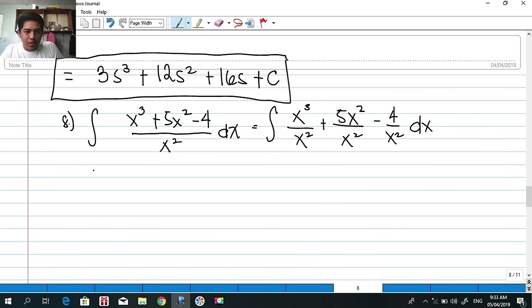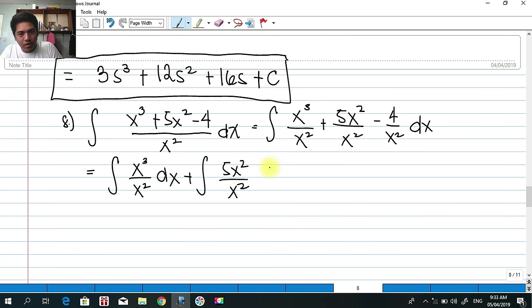Applying the rule of sum and difference, we have the integral of x cubed over x squared dx plus the integral of 5x squared over x squared dx minus the integral of 4 over x squared dx.